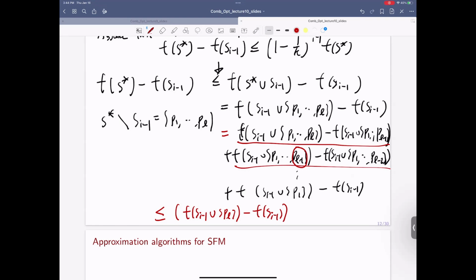So the difference is less than or equal to f of S_{i-1} union P_{L-1} minus f of S_{i-1}.